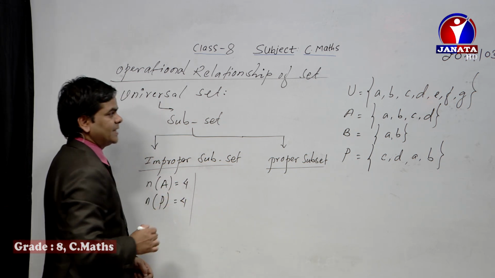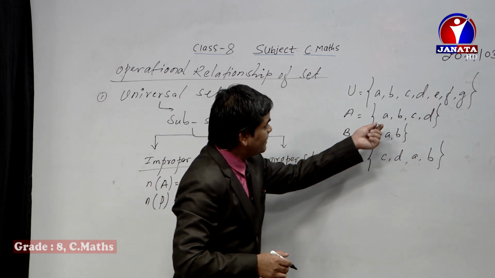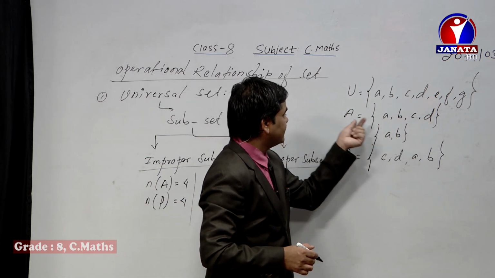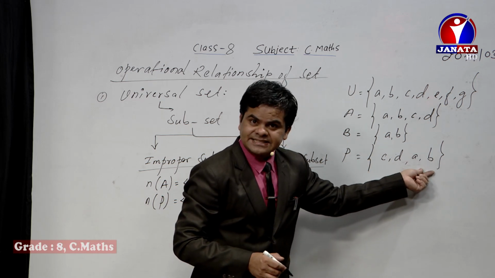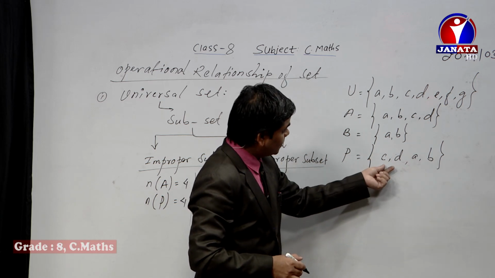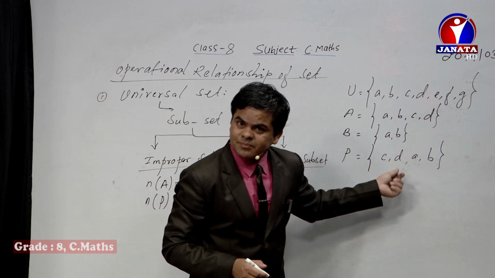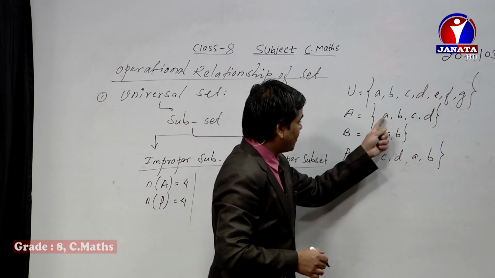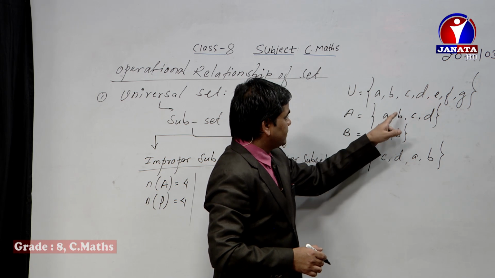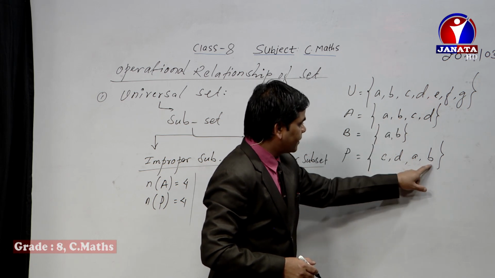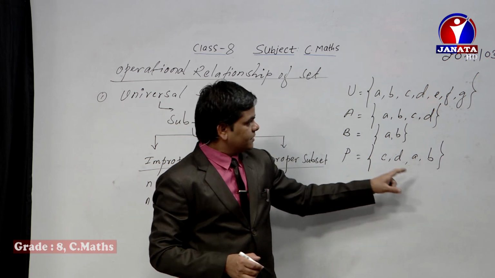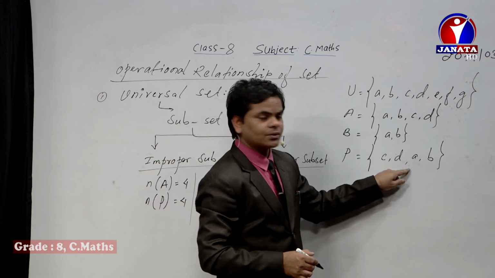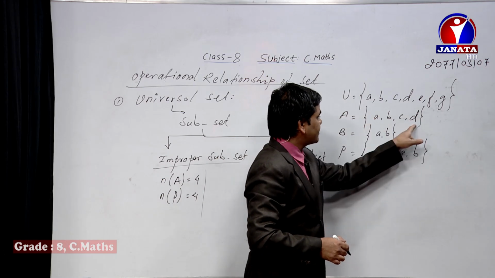Another thing is, dear students, look here. The elements which are present in the set A, B, C, D, exactly those elements are present in set P as well. Although they are kept in different positions, the position of A is here and the position of B is here, they are also contained in set P. If it happens so, then also they are the same.